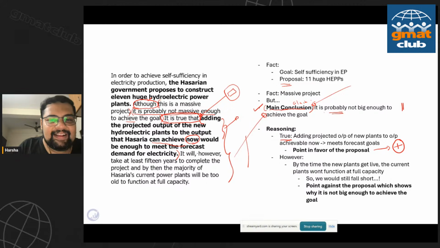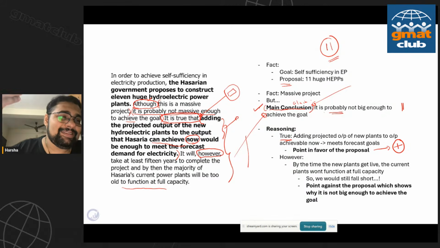Then the author pulls the twist right here. It will, however, take at least 15 years to complete the project, and by then the majority of these power plants will be too old to function at full capacity. So by the time you construct and make live those 11 new, minty fresh power plants, your existing power plants will not be able to produce the kind of capacity you're expecting.